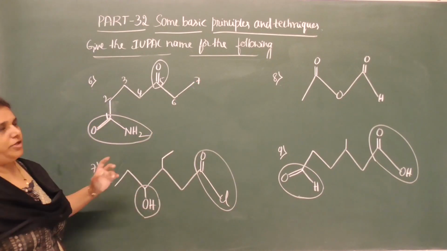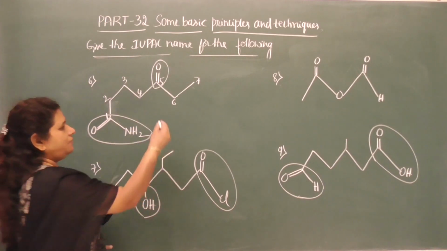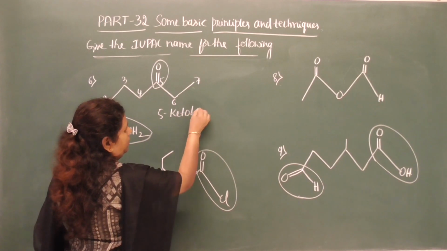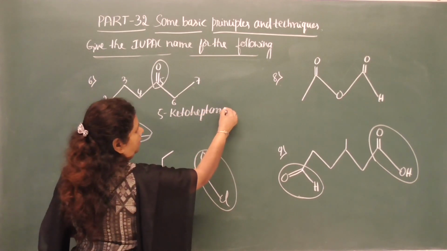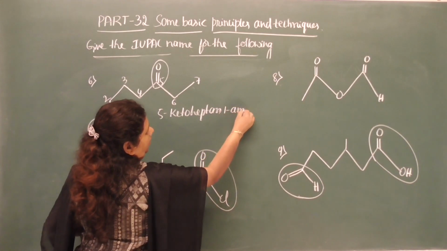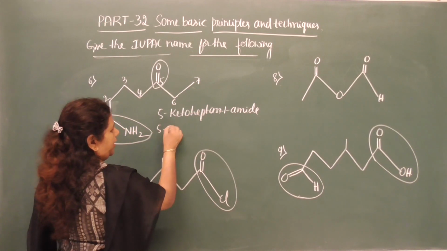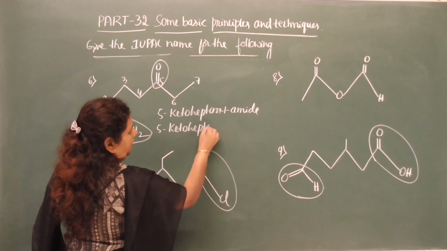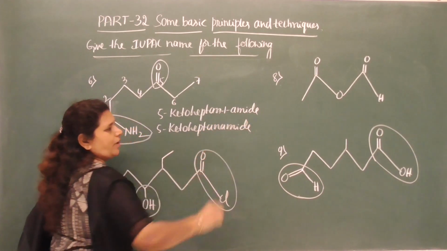No other substituent other than this keto group, and at the fifth carbon we have keto. Therefore, 5-keto, heptane, 1-amide, or you can write it as 5-ketoheptanamide. So I ignored the locant 1.